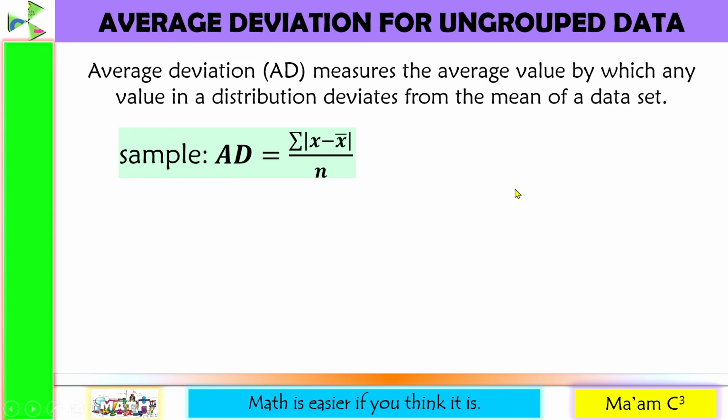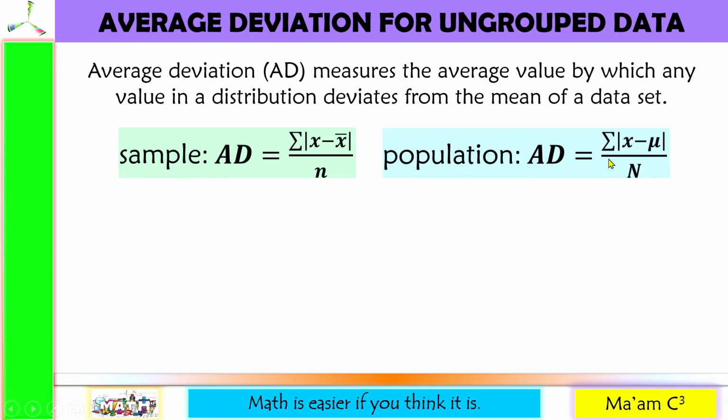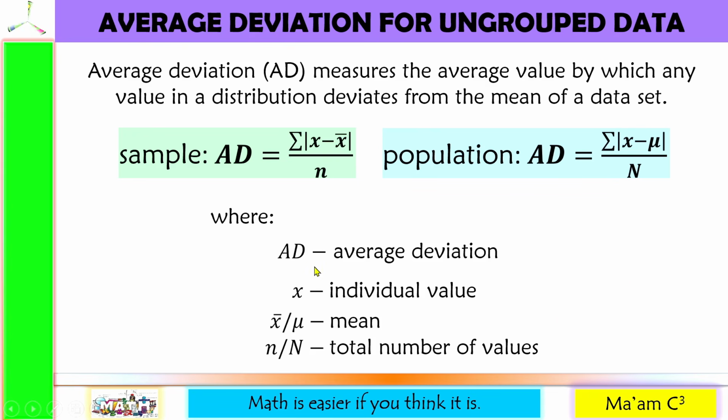For the population, we have the summation of the absolute value of x minus mu divided by capital N, where again AD is the average deviation, x here is the individual score, x bar and mu are the mean of the sample and population respectively, and small letter n and capital N are the total number of values for the sample and the population respectively.